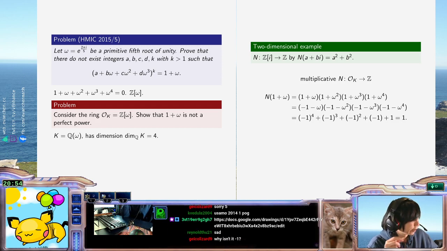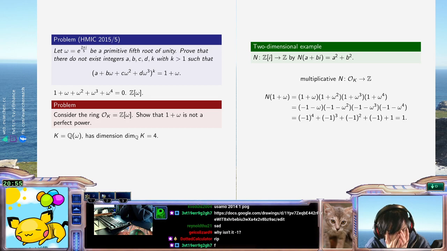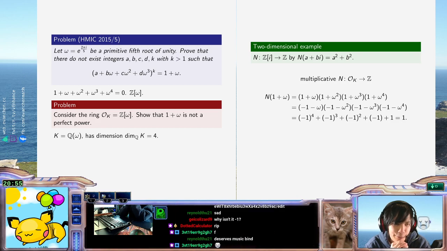But... wait, is it actually 1? Can you guys make sure it's... Okay, never mind. I thought this was going to be equal to like a prime and I would be done. Okay, well, so much for that.